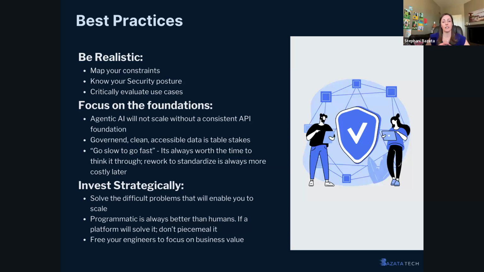And along those lines, free your engineers to focus on the business value. Again, if you're looking at your 2025 and 2026 roadmaps and you're still seeing large dollars on bottlenecks on data engineers and engineers that are trying to manage some of these pieces of your API ecosystem and your data ecosystem, it would be a really great time to take a more strategic look at that.